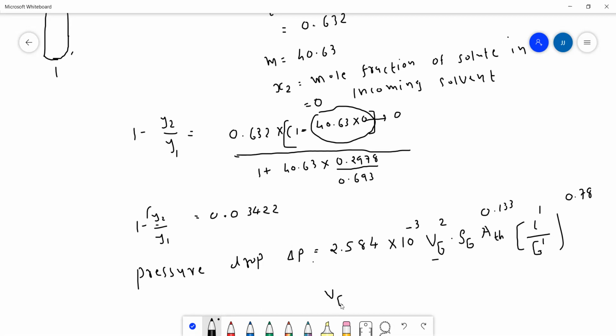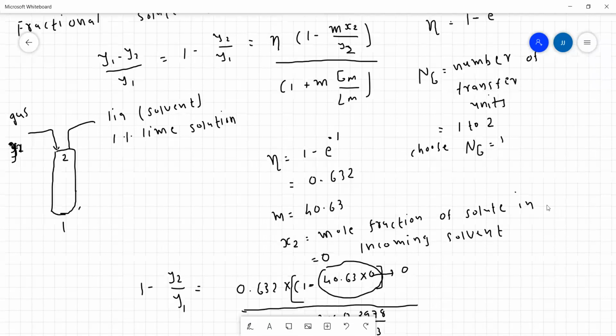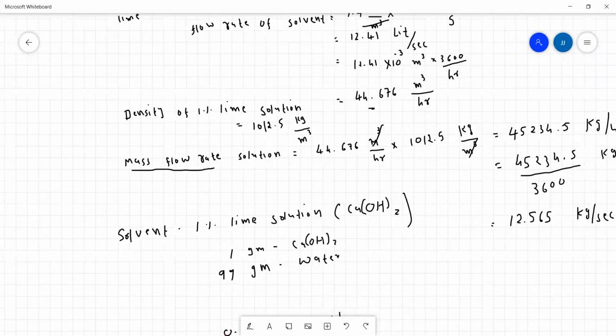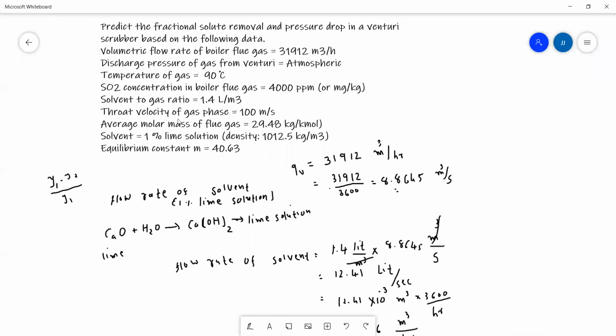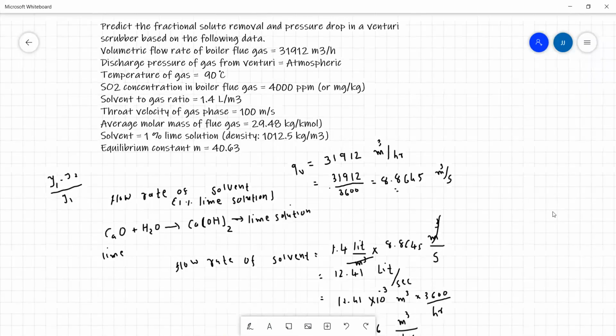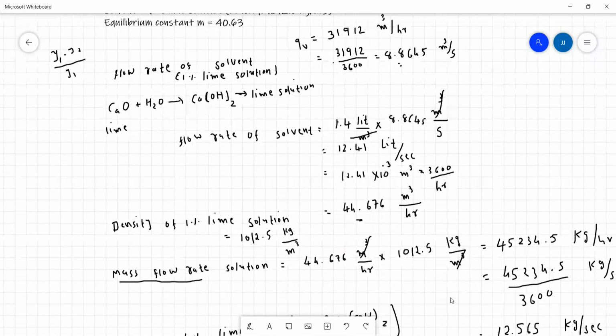Vg, velocity of throat, which is already given. Let me check this. Vg is throat velocity, yes, 100 meter per second.